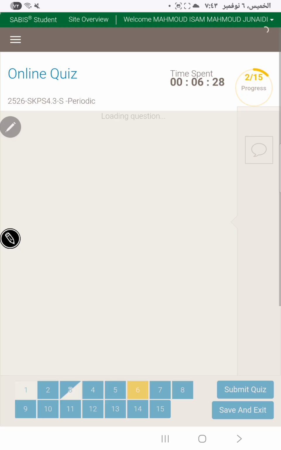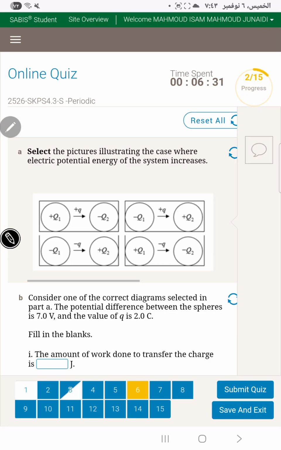Now for question number 6. Select the picture illustrating the case where electric potential energy of the system increases. Electric potential energy increases when the potential difference between the two spheres increases. And this happens when you take positive charge, for example, from this sphere to give it to this sphere. Like this, the positive on the right will increase and the negative on the left will increase.